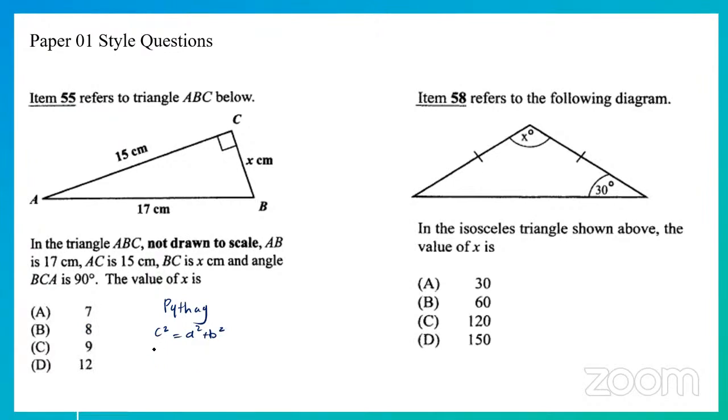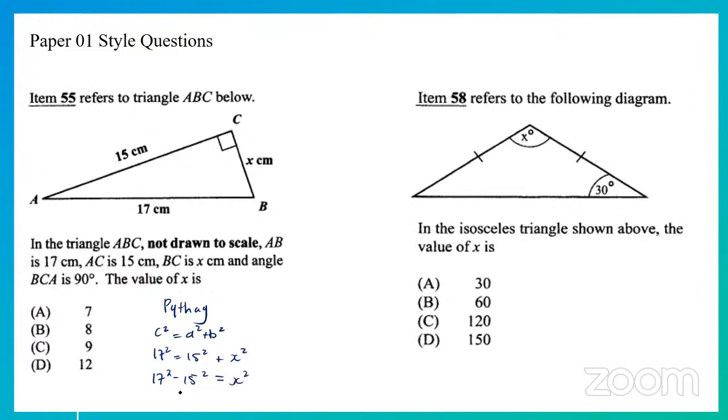So I'm going to rewrite 17 squared is equal to 15 squared plus x squared. X squared being our side over here that we don't know, and 15 being this side right here. So 17 squared minus 15 squared is going to be equal to x squared, and that is just bringing over that 15.